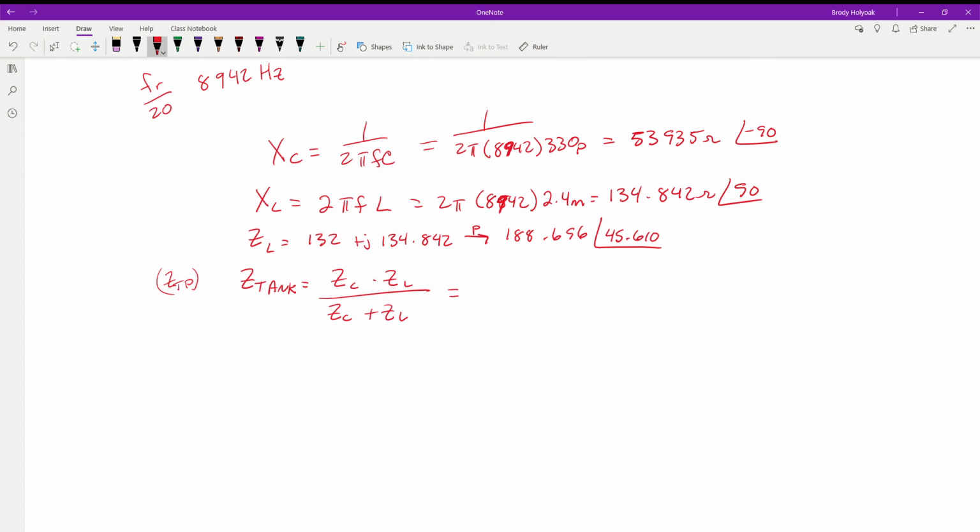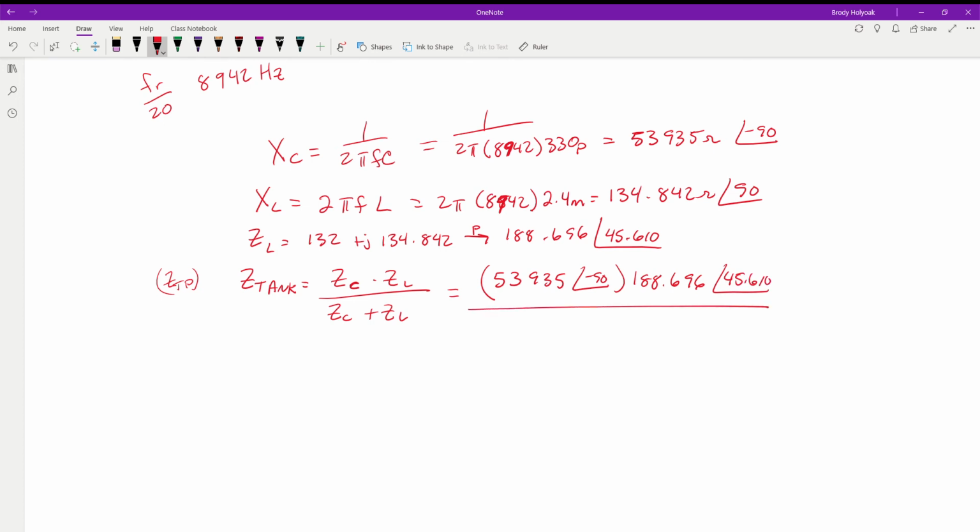So we take the impedance of our capacitor, which is 53,935 at a negative 90. Multiply those two, the 188.696 at 45.610.